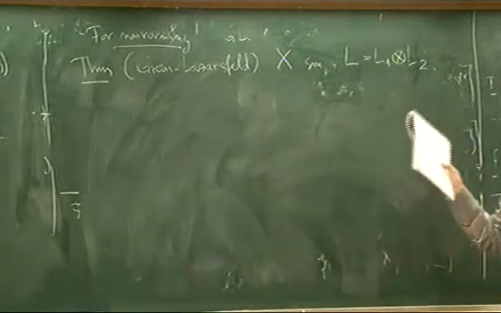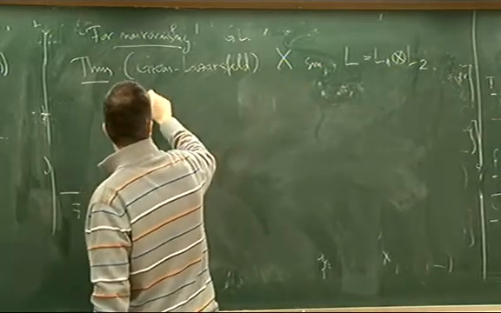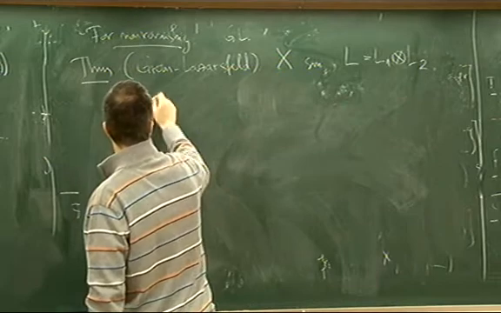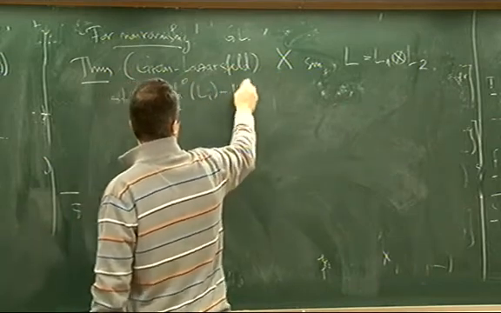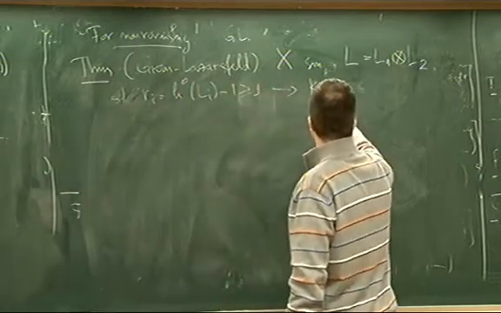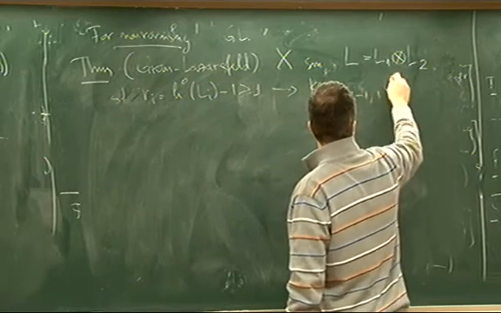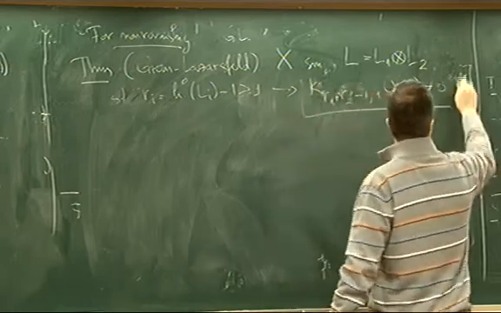But here we impose that each of these Li's has at least two sections. And then this Koszul cohomology space is non-zero.